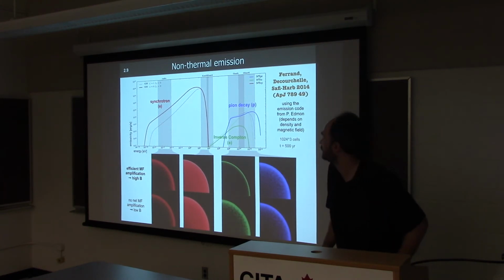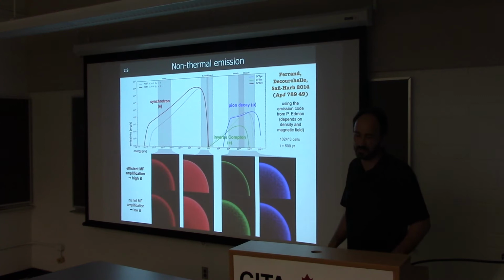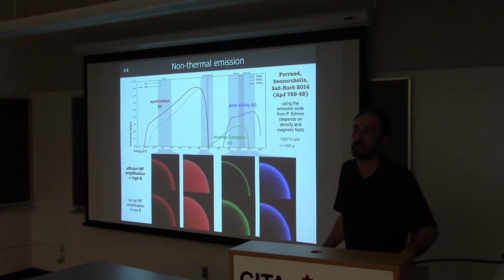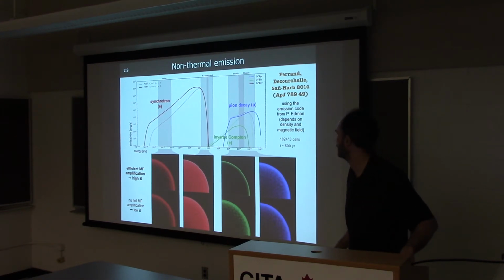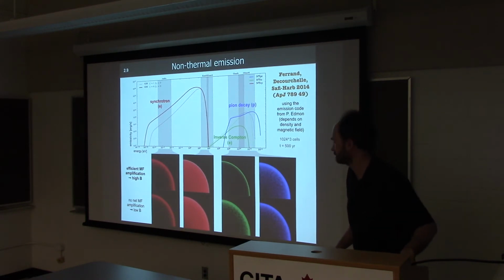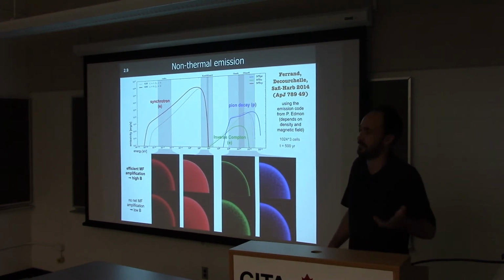And there's a lot of evidence, both theoretical and from observations, that the magnetic field at the blast wave of young remnants is much higher than it is on average in the galaxy. And it's probably caused by the particles themselves, by the streaming ions ahead of the shock front. And this affects their emission.